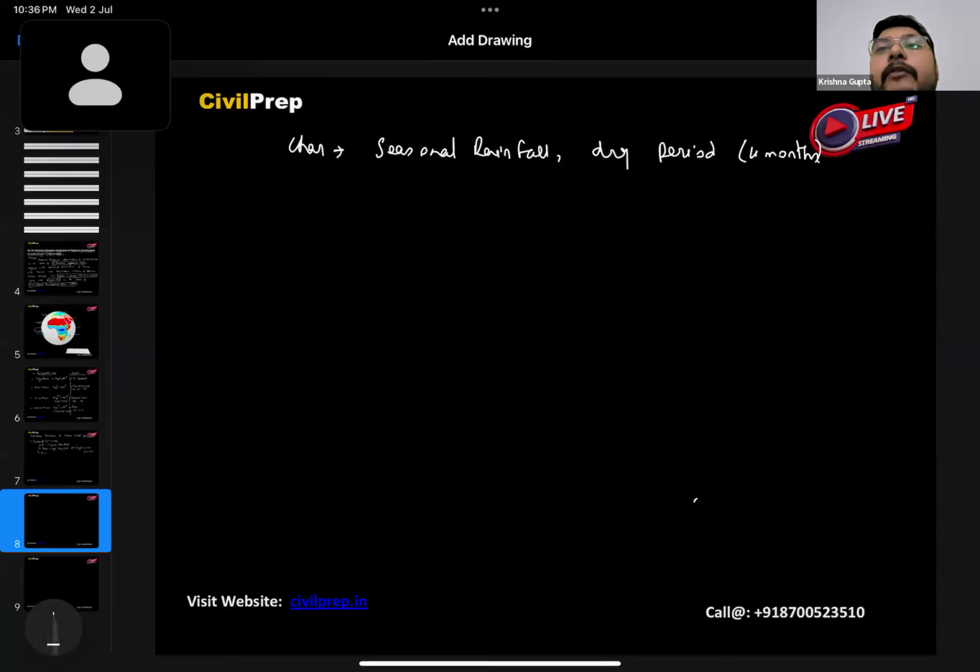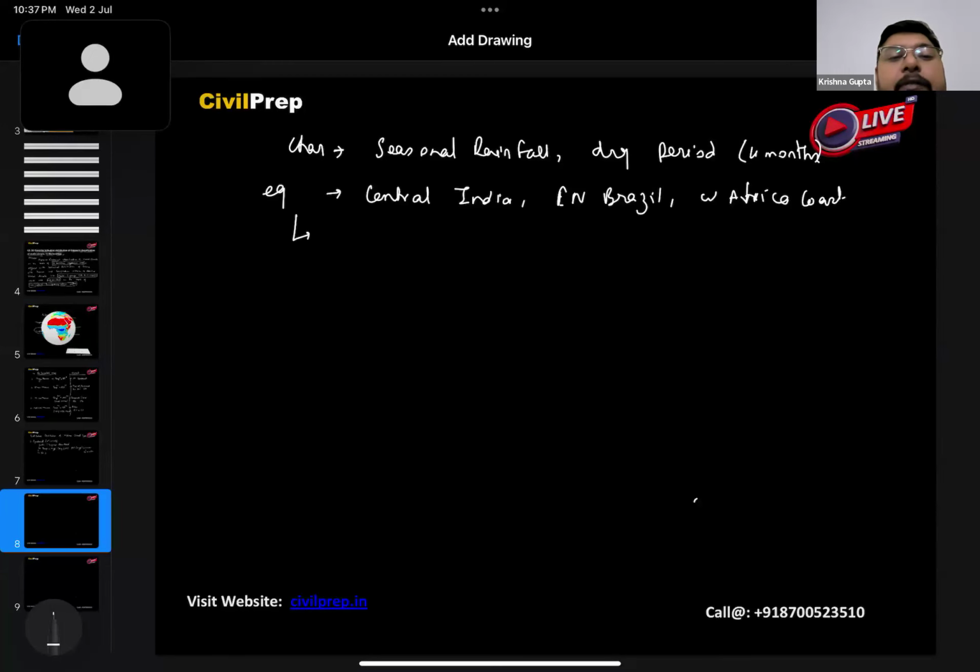Okay, example will be seen here, that is Central India, then Northeast Brazil, West Africa, coast. Okay, here we'll be looking at the vegetation.